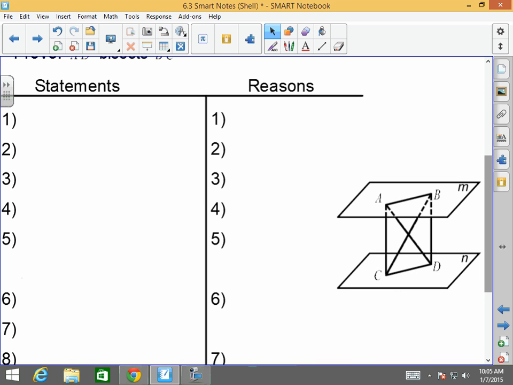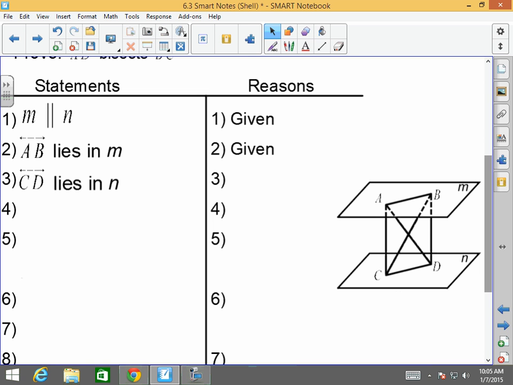Okay, number one, we know that M is parallel to N. That's a given. That's all we know, is that they're parallel. And we know that AB lies in plane M, which is given. And we know that CD lies in plane N, which is given. And we know that AC is parallel to BD.